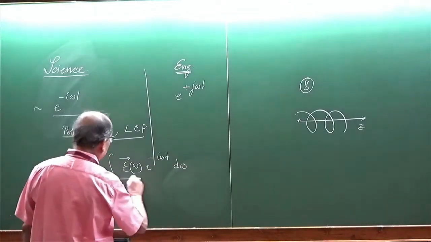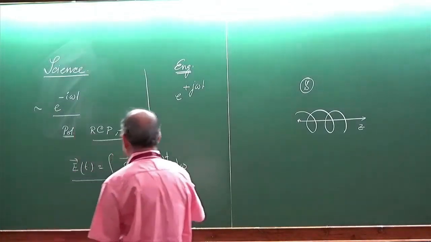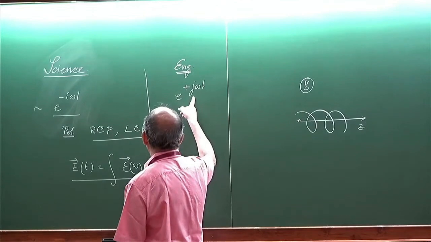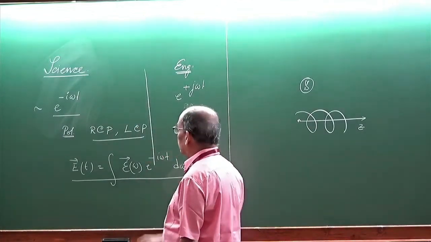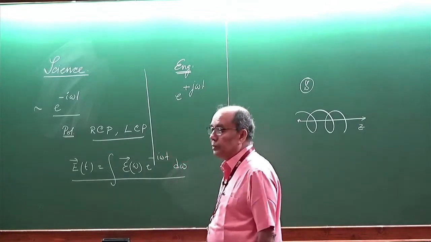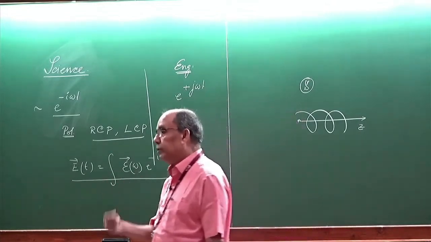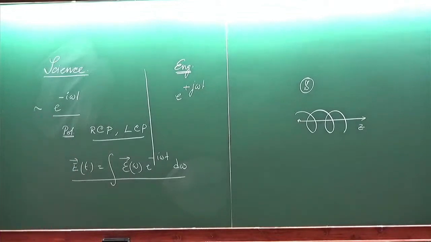But MATLAB uses a convention where this forward transform, for us, will be a backward transform. So forward and backward transforms get mixed up if you are not aware of this problem. You may think you are doing a forward transform, but practically you are doing a backward transform.